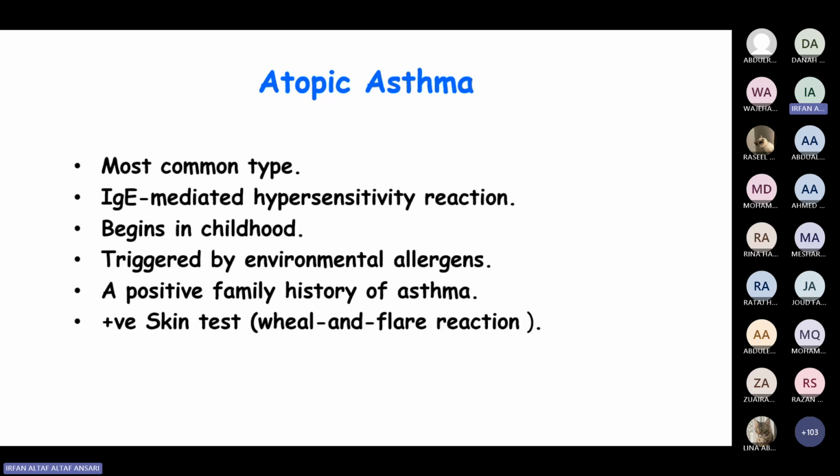In atopic asthma, there is a positive family history of asthma. Like if a child has asthma, there will be a positive family history in close relatives. And very important is a positive skin test, a wheal and flare reaction to the allergens. If you give a small amount of that allergen by injection into the skin, you will find a very positive skin test in the form of wheal and flare. You see the red color around the site of injection.